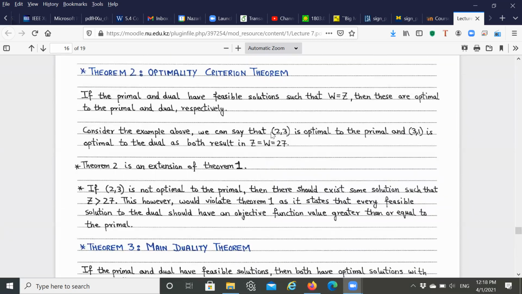So obviously I found a point 2,3 for the primal, and I found the point 3,1 for the dual. And we saw that for both cases, they gave us 27, and this tells us the optimality criteria theorem. This tells me that 27 is the optimal solution for both primal and dual, and there's no better solution than this, okay?